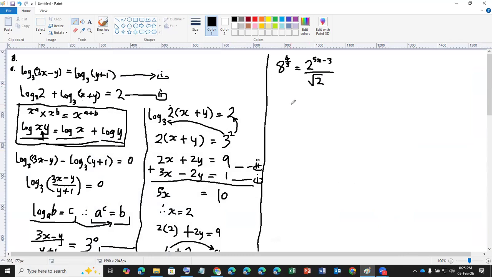Let's solve this one. This is what I'm doing.